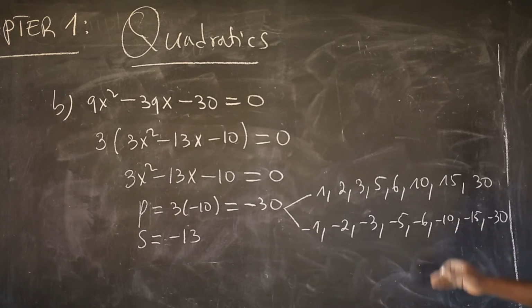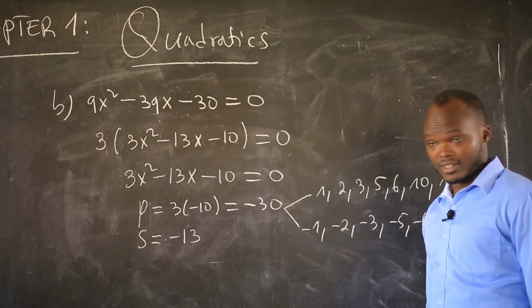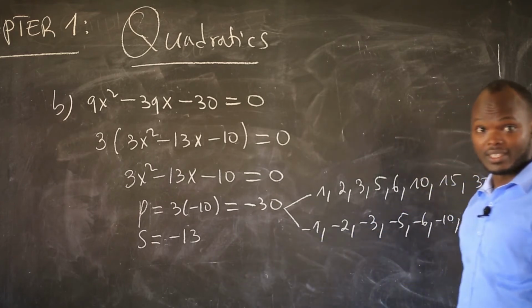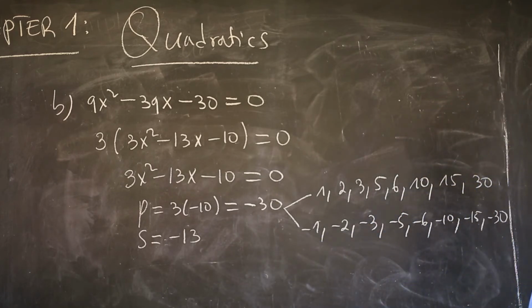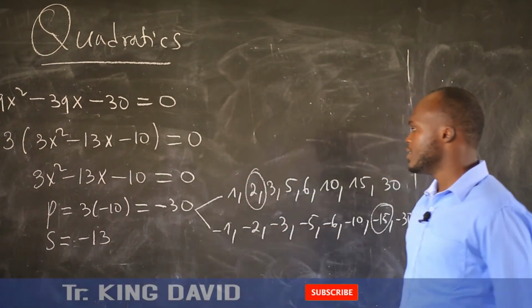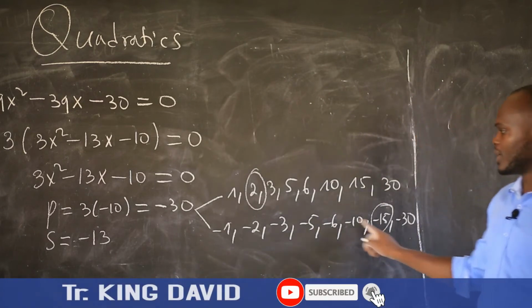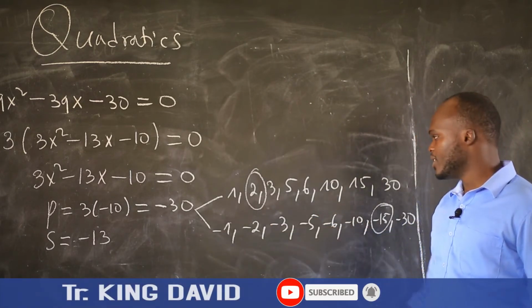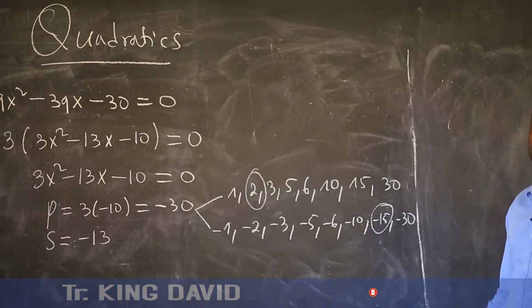So among those factors of negative 30, which 2 values can you add to get negative 13? We multiply to get negative 30. So those are negative 15 and positive 2. If we take negative 15 plus 2, we are getting negative 13. If we take 2 times negative 15, we are getting negative 30.